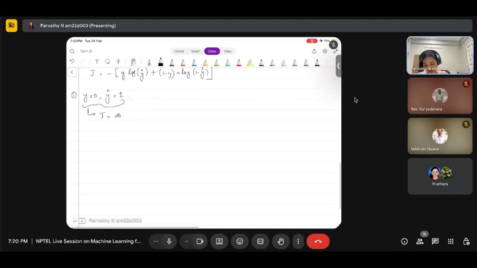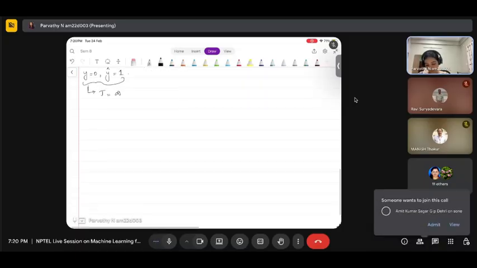Then in the video, different logic gates are discussed. How can we use logic gates for classification?